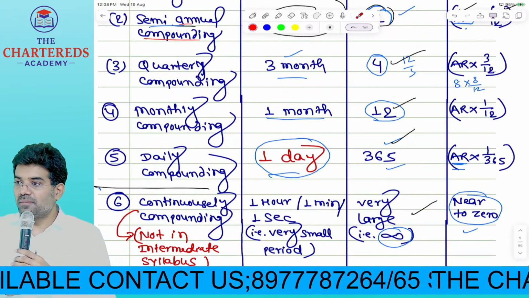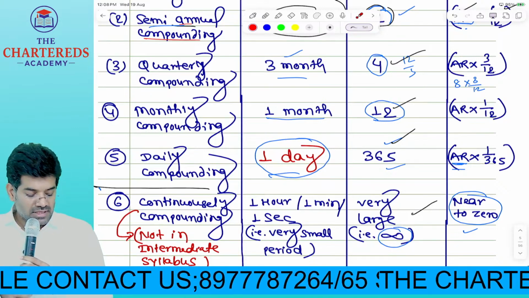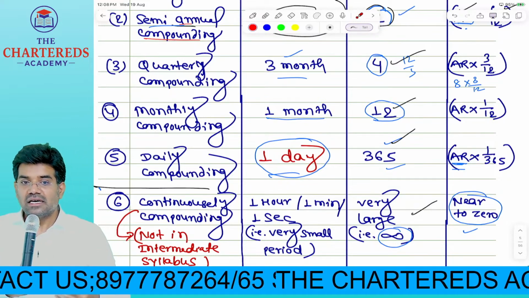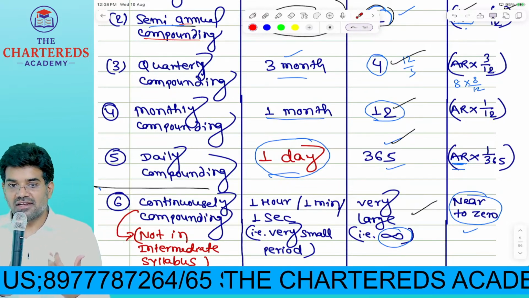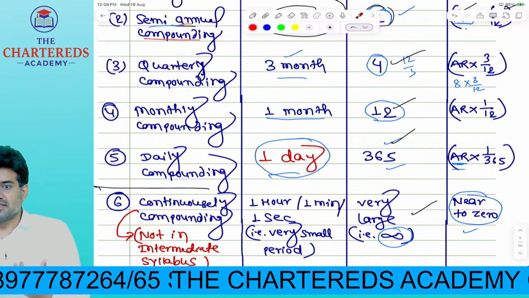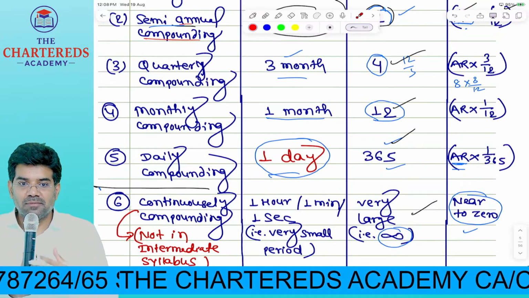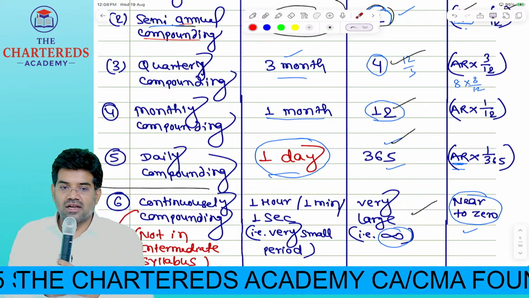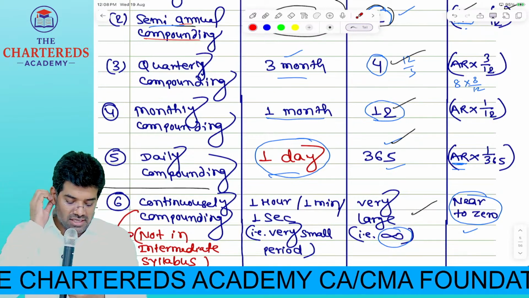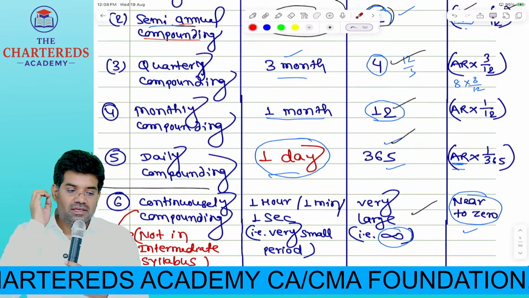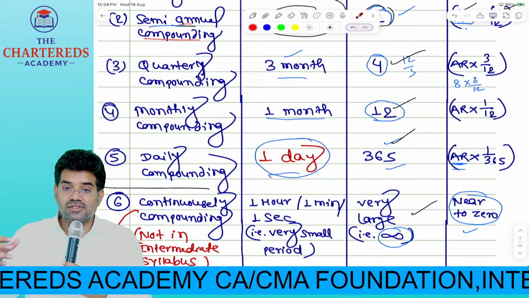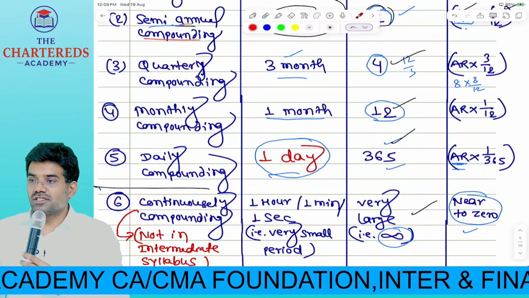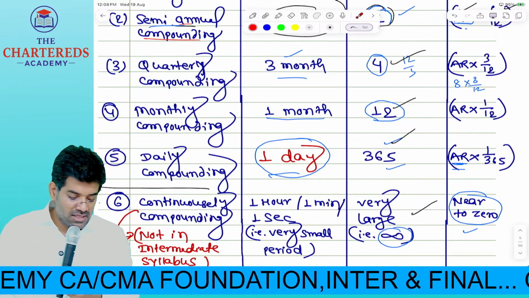In derivatives we will apply continuous compounding. Remember that. Continuous means you can say every hour, every minute, every second. In stock market, every second the price will change. So especially for valuation of securities, and when we do derivatives, how to determine futures value and options, we use this continuous compounding only. There we apply this concept.